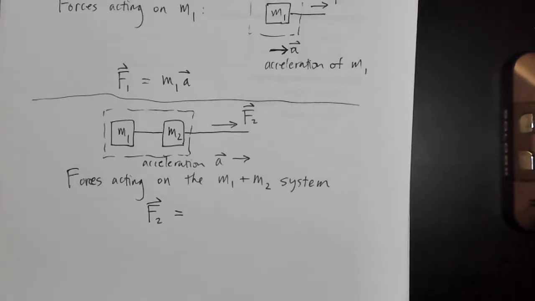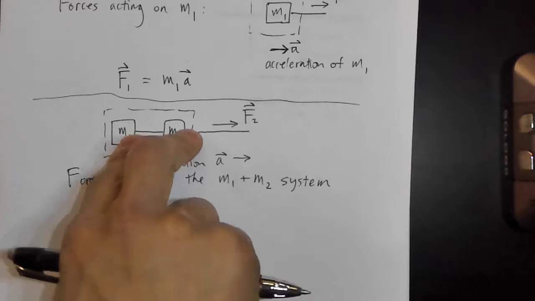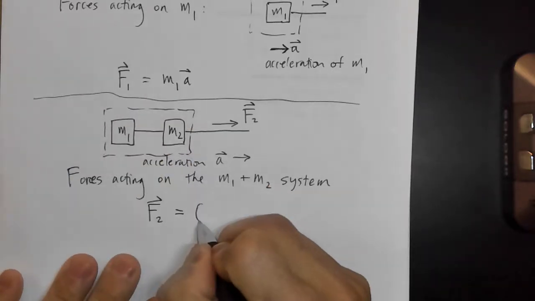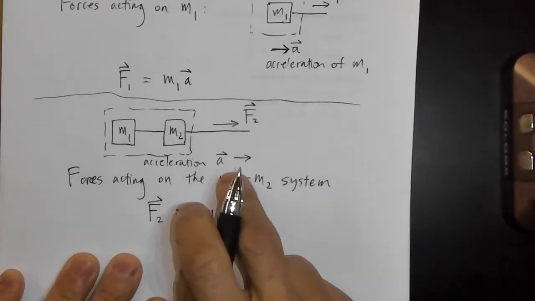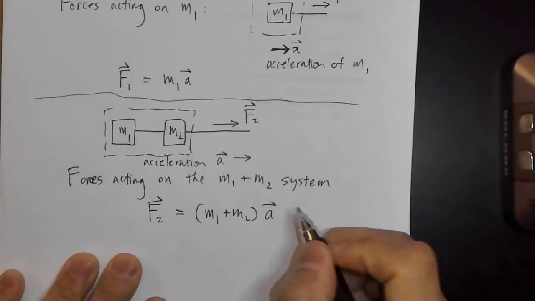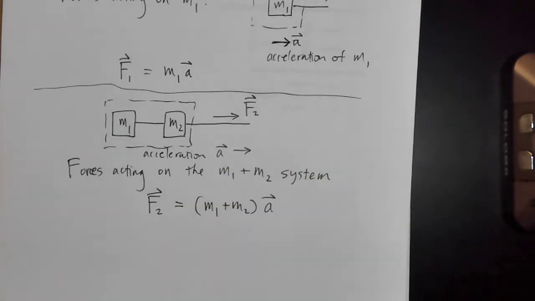What mass do you think I should consider for Newton's second law? Both? Both make sense? Because we're considering it as a unit, it's the whole mass. So it will be M1 plus M2, and then the acceleration, we're calling that A. So the formula we get from Newton's second law is F2 is equal to (M1 plus M2) times A.